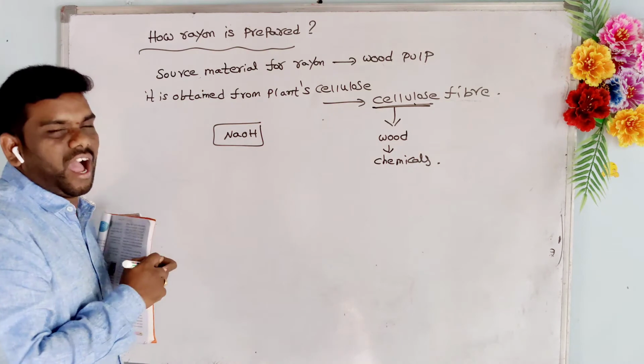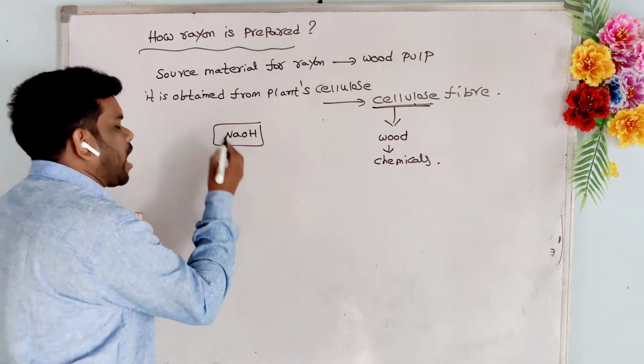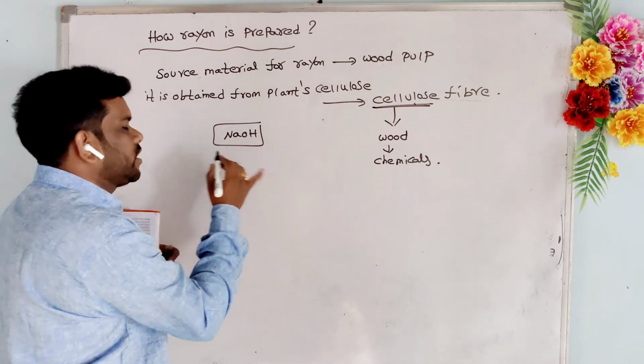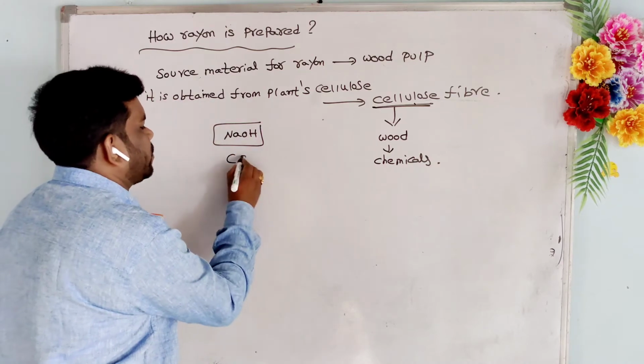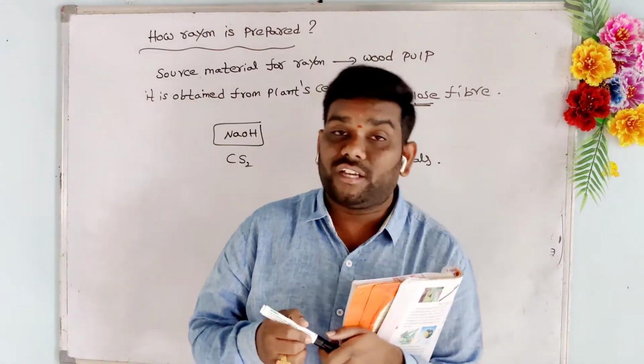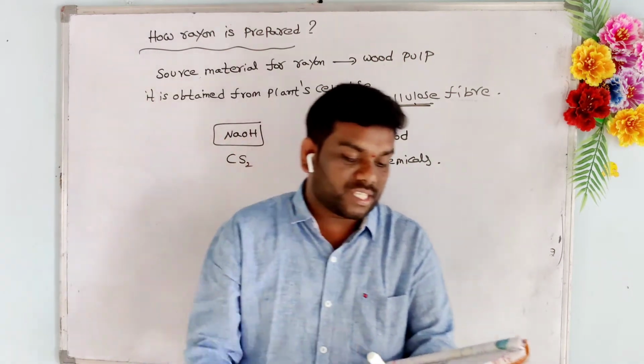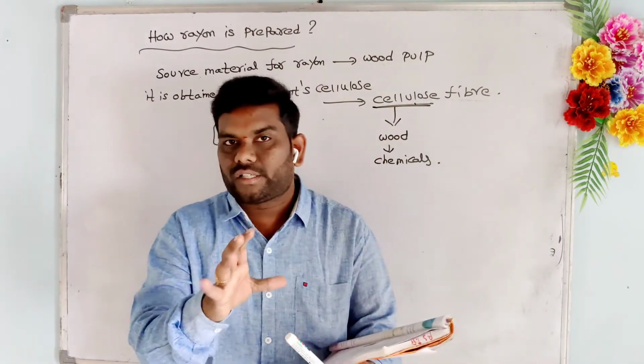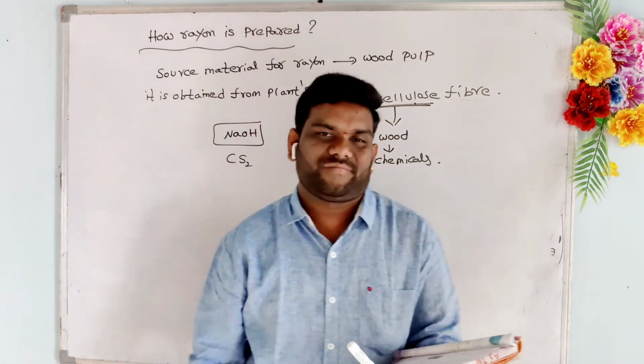Wow. Carbon disulfide. అంటే carbon means C, disulfide means S2. Disulfide అంటే CS2. Carbon disulfide, NaOH, ఇలా చాలా కెమికల్స్ ని ఆ యొక్క సెల్యులోజ్ కి యాడ్ చేస్తారు.